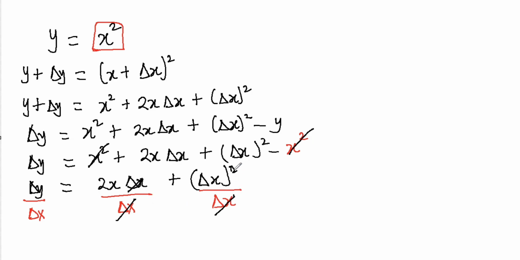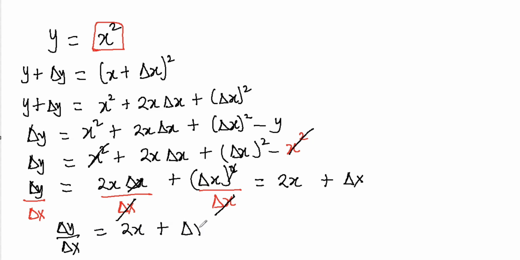Change in x cancels one of the change in x, so we are left with change in x here. So we have change in y over change in x equals 2x plus change in x.